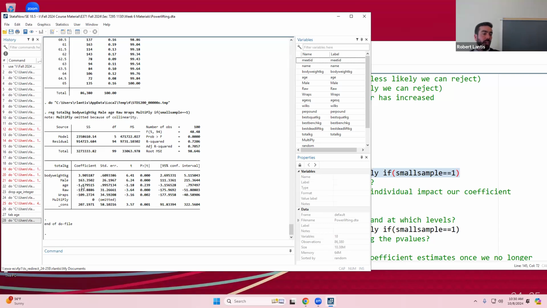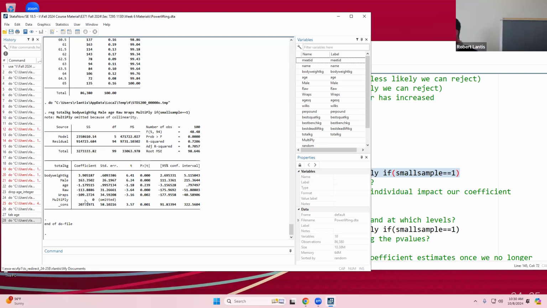Once again, if all these are equal to 0, where's the starting point for that meat that was categorized as using wraps? Well, it would be 109 kilograms less, but you would still get the constant added in. So it would be negative 109 plus 207. So we're going to be at approximately 99 if we're rounding here.